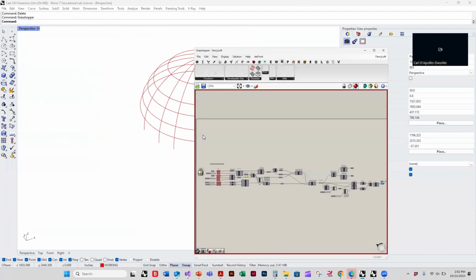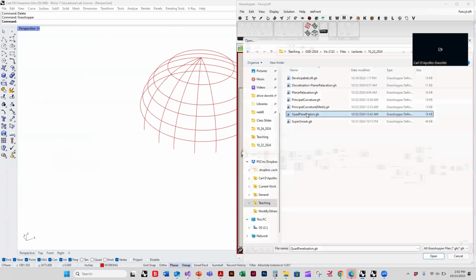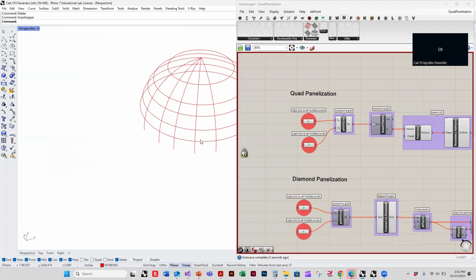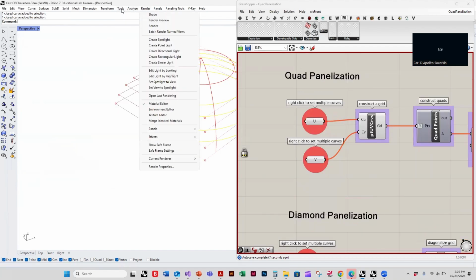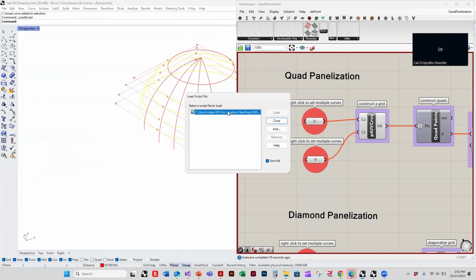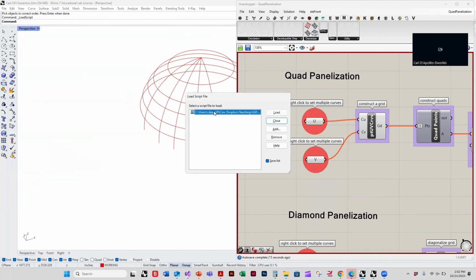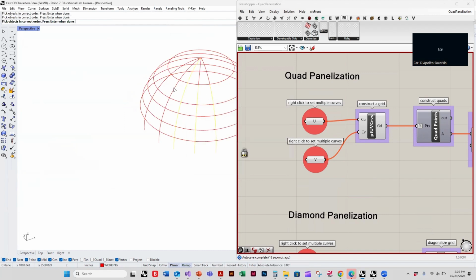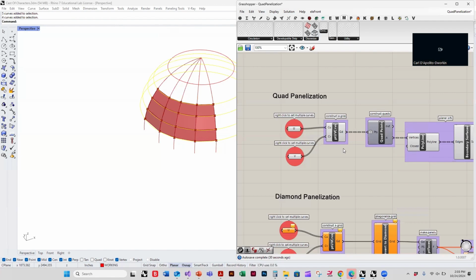By the way, I have something here which I will show you. In the previous thing, there's this quad panelization script. And if you take these isocurves and you order them first, you have to go Tools, Rhino script, load, order these. And then if you put the V's in there and the U's in there, it'll just do it for you.